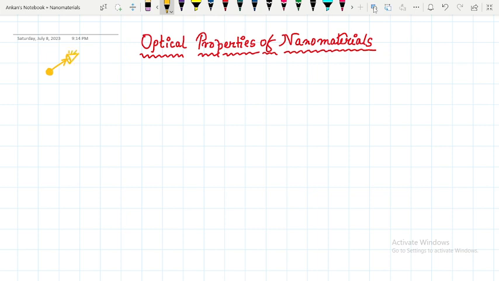Thus we recognize the color of an object. The wavelength of light reflected from the surface of the material reaches our eye, and our eye recognizes the color of the object by this process.